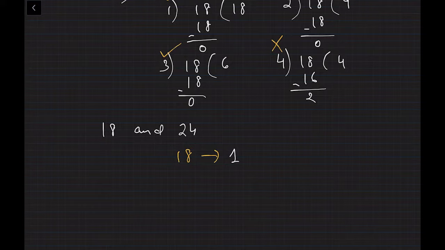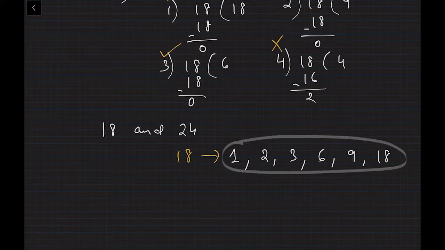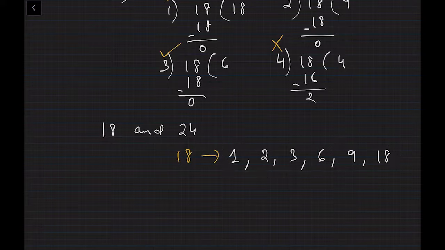So 1 is a factor of 18, 2 is also a factor of 18, 3 also divides 18 completely, 4 doesn't divide, we just checked in the previous example, 5 also doesn't divide, 6 divides, 6 is a factor of 18 because 6 threes are 18, then 7 doesn't divide, 8 doesn't divide, 9 divides 18 because 9 twos are 18 and 18 itself divides 18. So these are the factors of 18: 1, 2, 3, 6, 9 and 18.